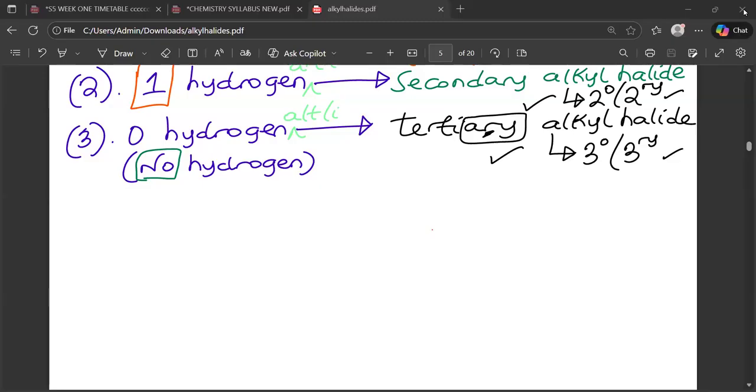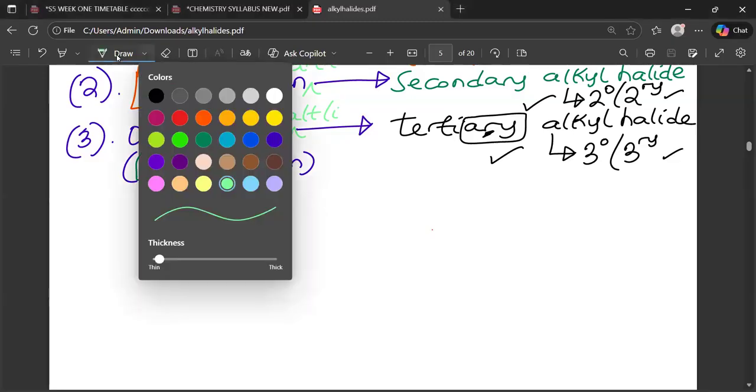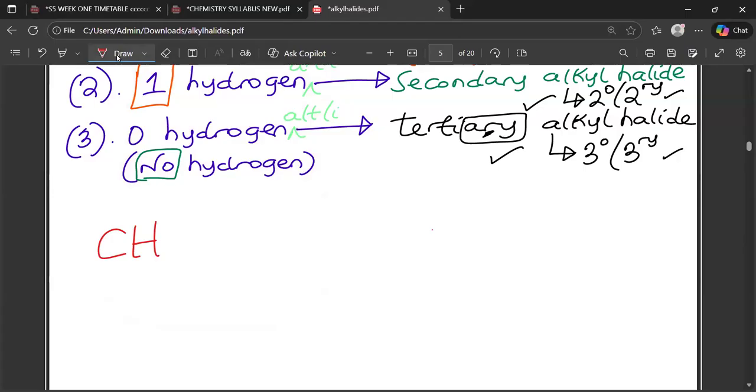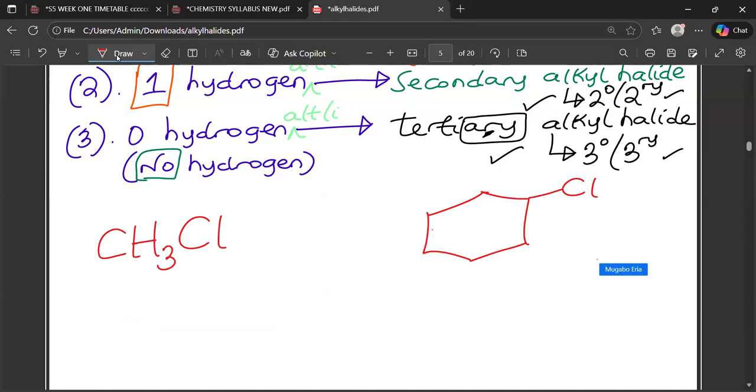So those people were asking me, I'm going to put for you here 2 halogen compounds. Then you tell me which class they are. The first one I'm putting is this. And the next I'm putting is this. You said that we should depend on the number of alkyl groups attached to the carbon that has the Cl, Br or I, isn't it?